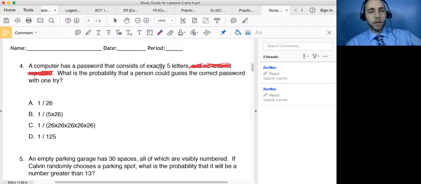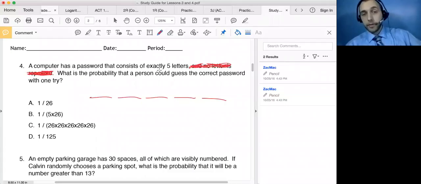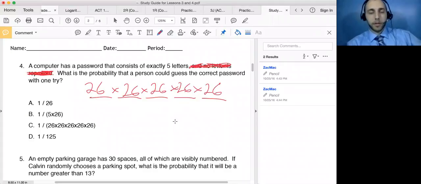So 5 letters. I'm going to set this up a similar way, illustration-wise, from the previous question. It doesn't say we're excluding any letters. So every time we just have 26 choices, or 26 letters in the alphabet. So each time we choose a letter randomly for this password, we're going to have 26 choices.